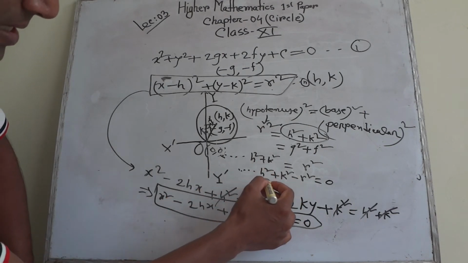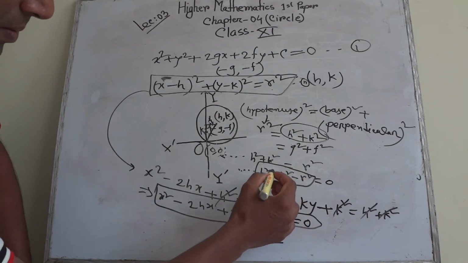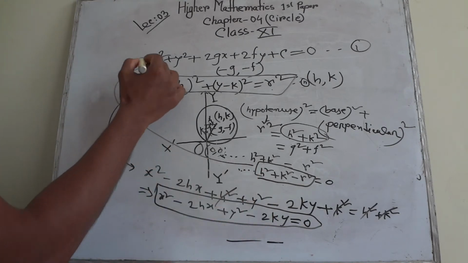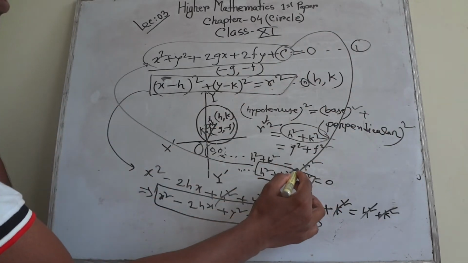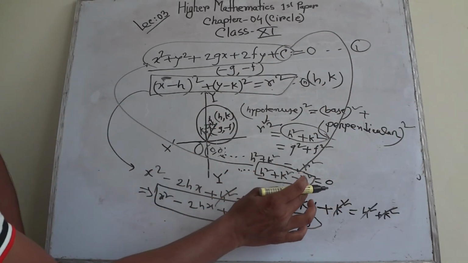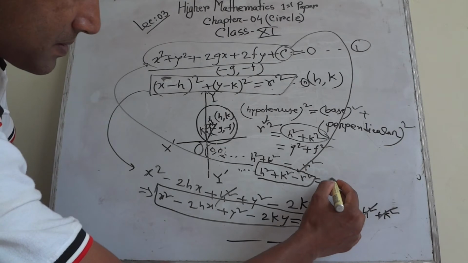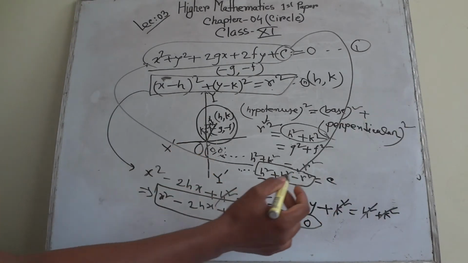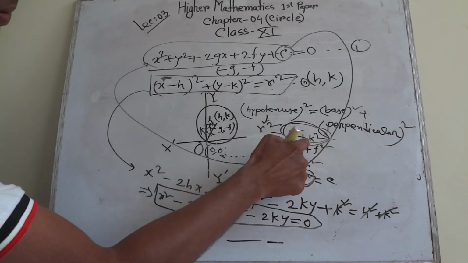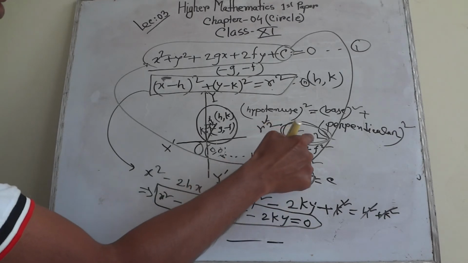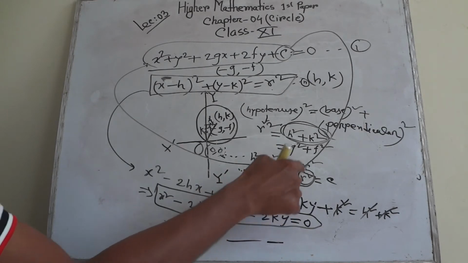Just again I repeat. If we take c, we will get the general equation of a circle. That means here is c. This equals h square plus k square minus r square. So we can write c. But r square, we have already got, equals h square plus k square. As r square is equal to h square plus k square, we can write h square plus k square minus h square minus k square.